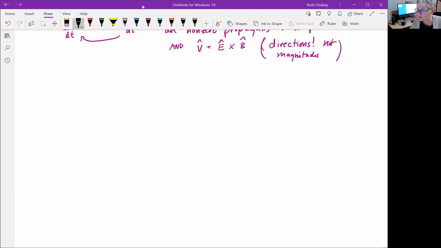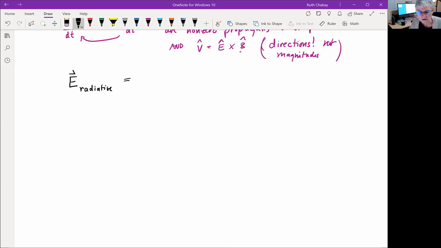So we're going to write an equation for the electric field in a pulse of radiation. We're going to call it the radiative electric field to show that it's not just the Coulomb field you get from a stationary charge.